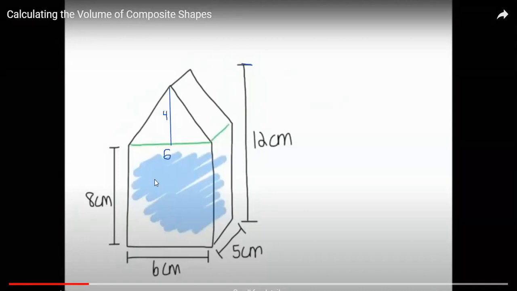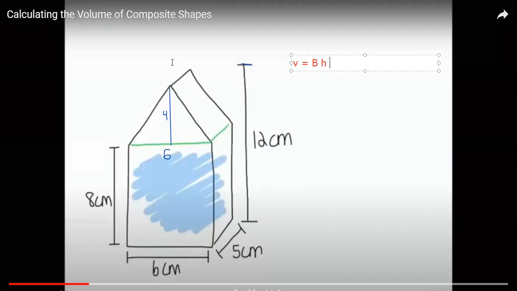Let me say it again, Ibrahim. We said in this shape we have two figures: a rectangular prism and a triangular prism. As I said, your plan to calculate the volume for any figure should be area of the base times height. Then how will we calculate the area of the base?